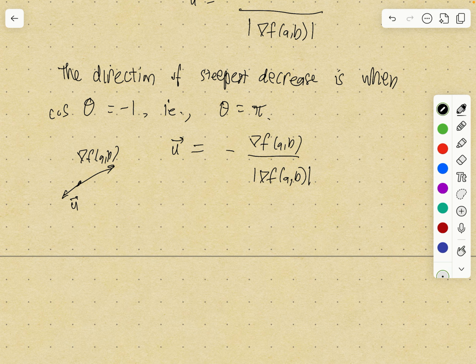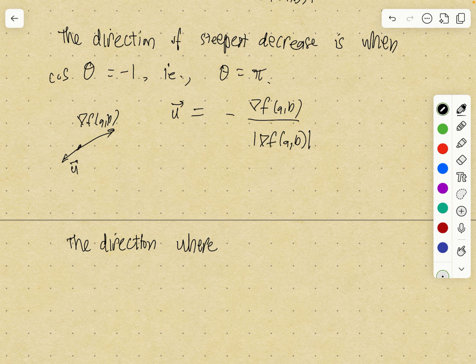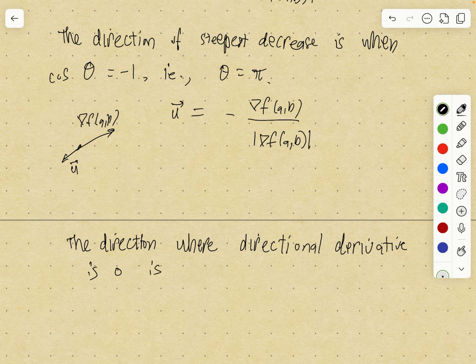And the direction where the directional derivative is 0, so you want your function to have instantaneous rate of change of 0. Which direction should you go? That is when cosine of theta is 0, right?